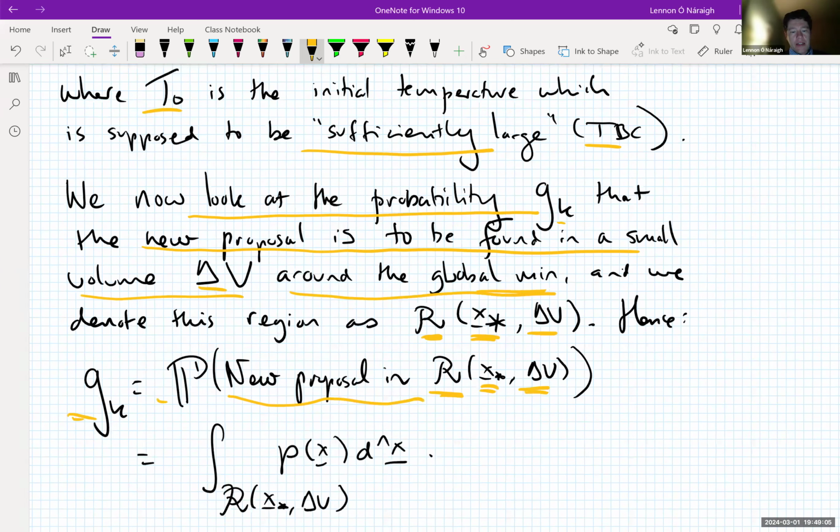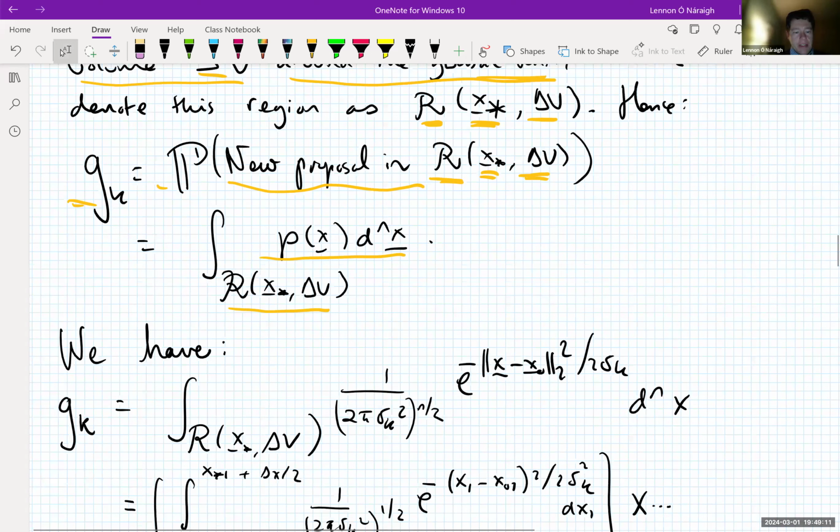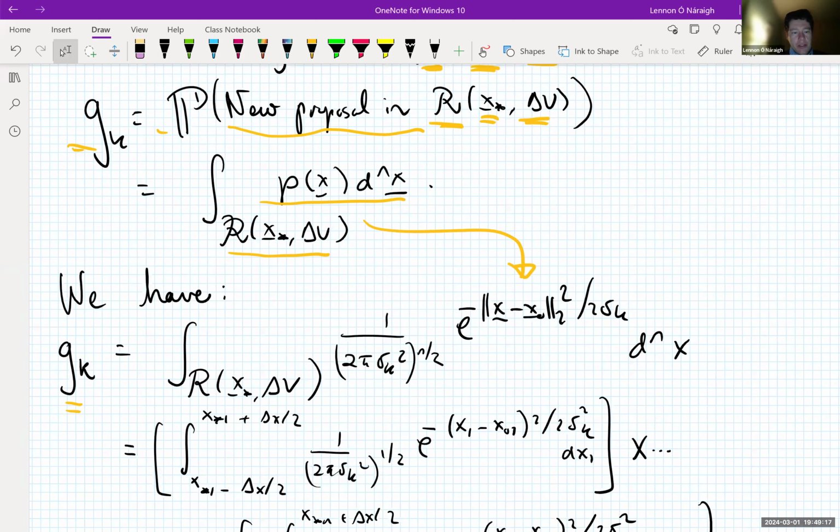And again, this is the integral of the probability distribution function over the region in question. And just specifying that the probability distribution is the normal distribution function. So Gk is the integral over my region of the probability distribution function. And this is an exponential, and it's the L2 norm.